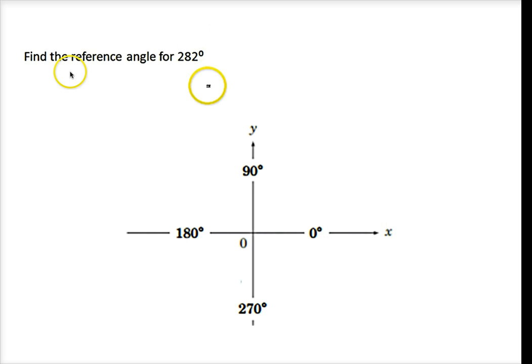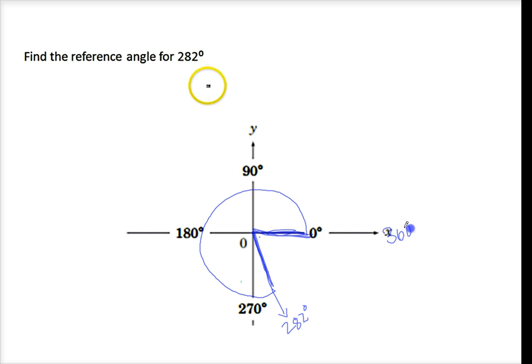Here's yet another example. Find the reference angle for 282 degrees. Once again, this is positive, so it's going to open upward. It's going to go past 90, past 180, and past 270 till we land on 282 degrees. The reference angle, once again, will be the angle between the x-axis and our terminal side. Here's our terminal side, and in this quadrant, here is our x-axis.